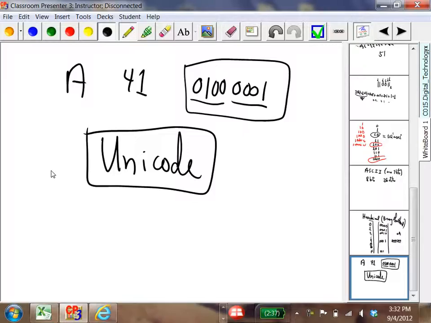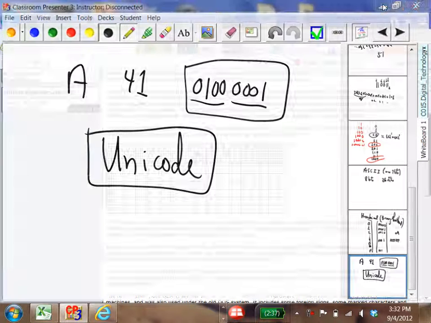What is Unicode? Well, Unicode is an attempt to have one code for all of the alphabets in the world. Just one code. Everything that anybody ever writes down in any country, in any language, any dialect, has a code for that character.